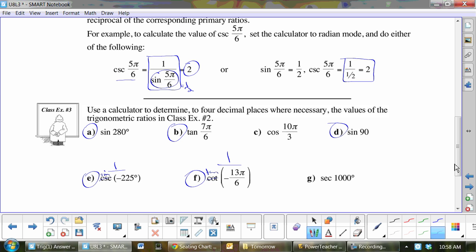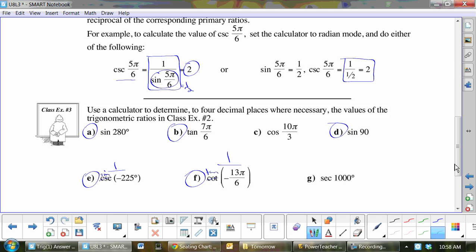So check what is in the question. That's what mode you have to be in. Okay, try not to compare answers.